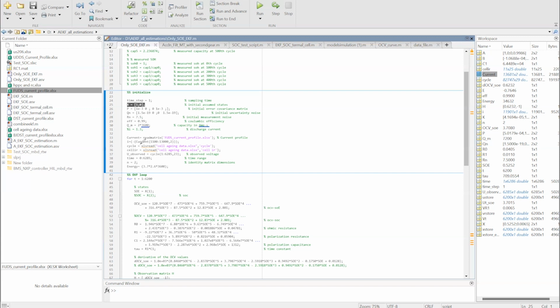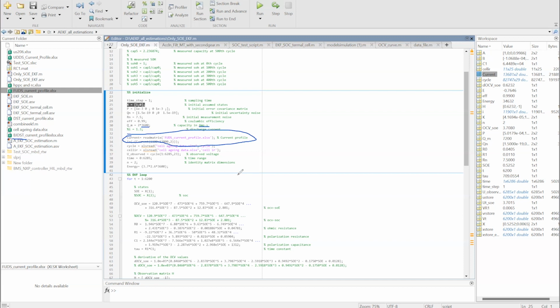And then I have some drive cycle currents. I am using the FUDS current profile, which is a standard current profile, and you can also use UDDS or BJDST, some other current profiles.